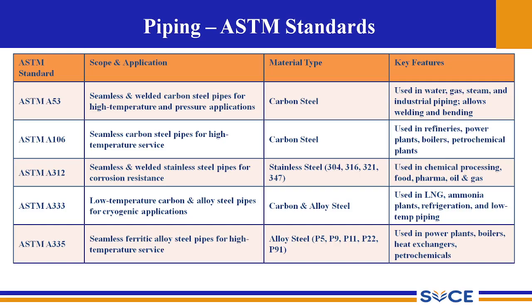The scope and application are especially for the seamless and welded carbon pipes for high temperature and pressure applications, then for high temperature service, then for corrosion resistance, low temperature carbon and alloy steel pipes for cryogenic applications, and seamless ferritic alloy steel pipes for high temperature service. And the key features of these standards are listed in this slide. And the scope of the material that is covered under the particular standard is also tabulated.